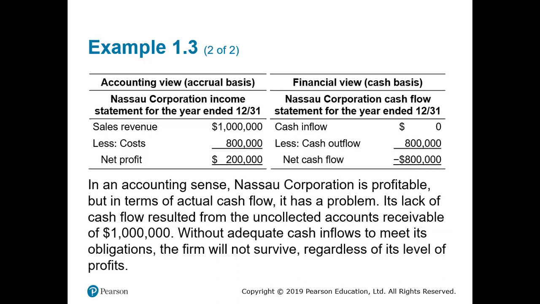However, under cash basis, talking about the cash inflow, we didn't include the 1 million simply because we haven't received the 1 million. Nevertheless, we already disbursed 800,000. Therefore, our net cash flow is considered to be negative.